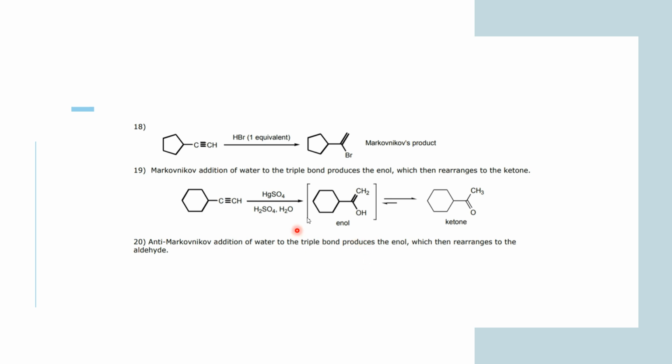And first we got this enol as the product after the attack of water on the mercurinium ion, and then it quickly rearranged to the keto form, the more stable keto form.